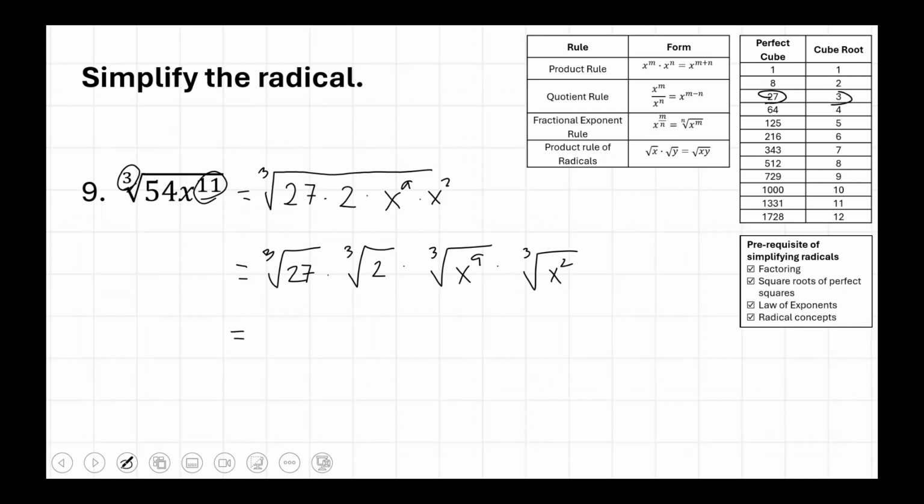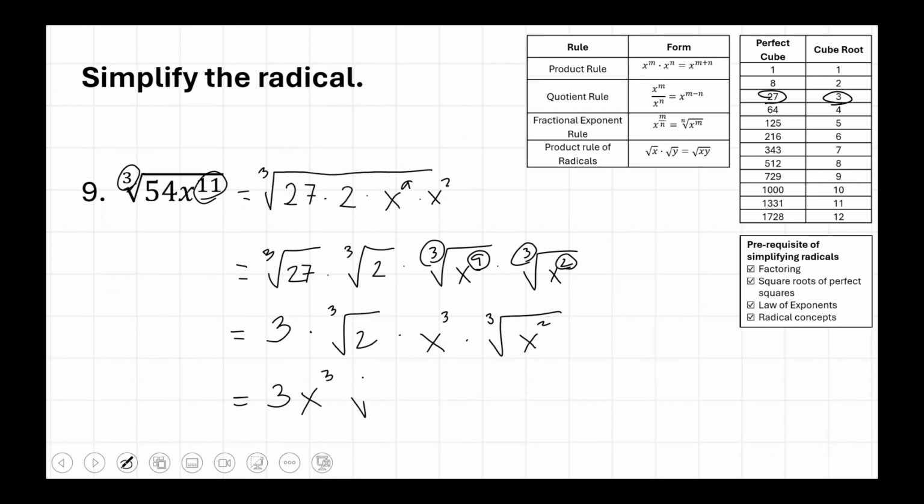Cube root of 27 is 3 times cube root of 2 times numerator, which is 9, divided by denominator, which is the index 3, x raised to 3, times 2 divided by 3 cannot be, stay inside the radical, equals 3x cubed times the cube root of 2x squared. And that's your simplified form.